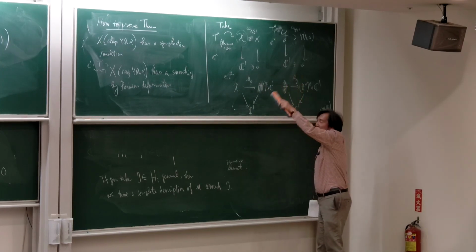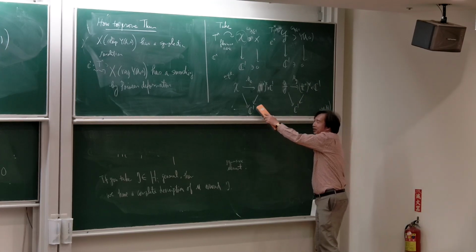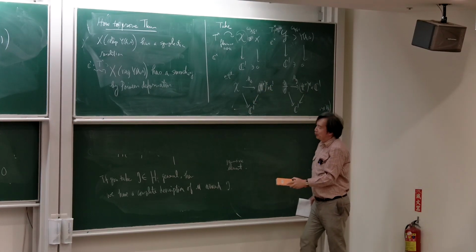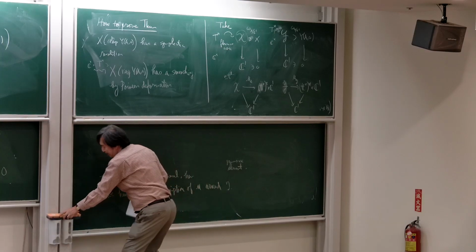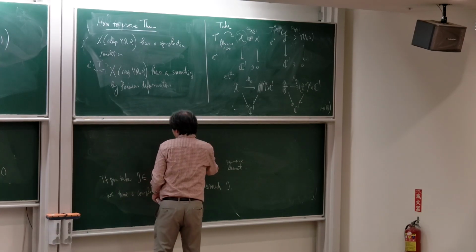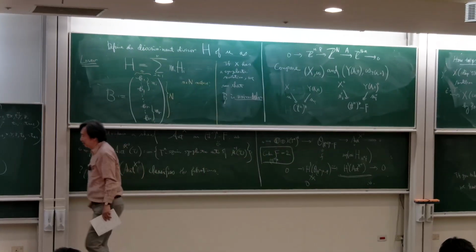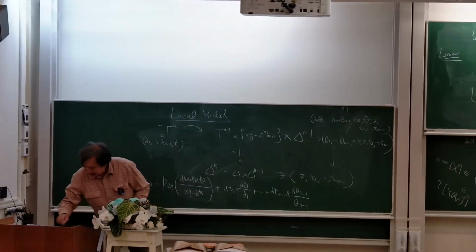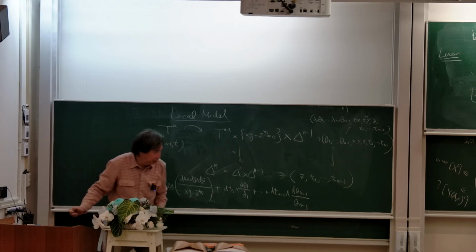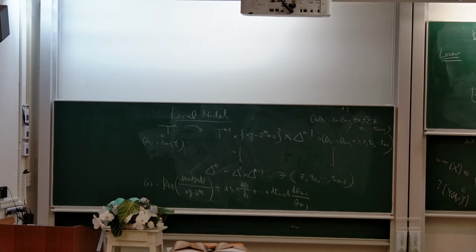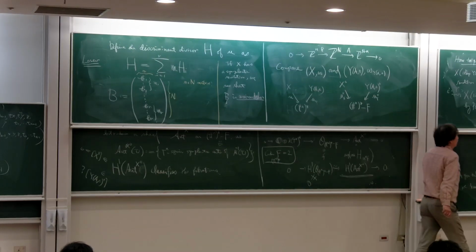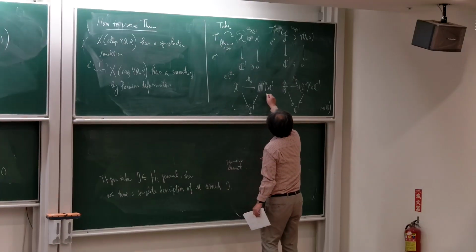So you have a discriminant locus over each fiber. So you have a relative discriminant divisor. Here you have a discriminant divisor.